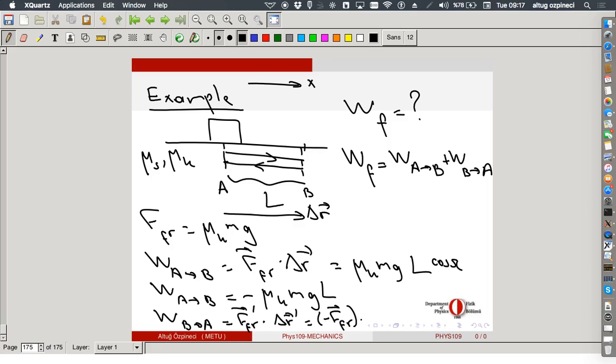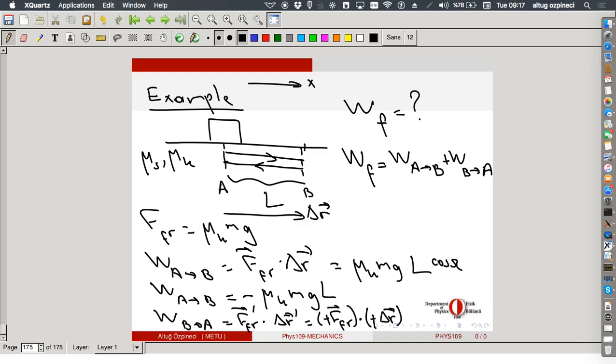Minus F friction. Delta R prime is minus delta R. So the work that the friction force does as we go from B to A is in fact this minus minus, they cancel.